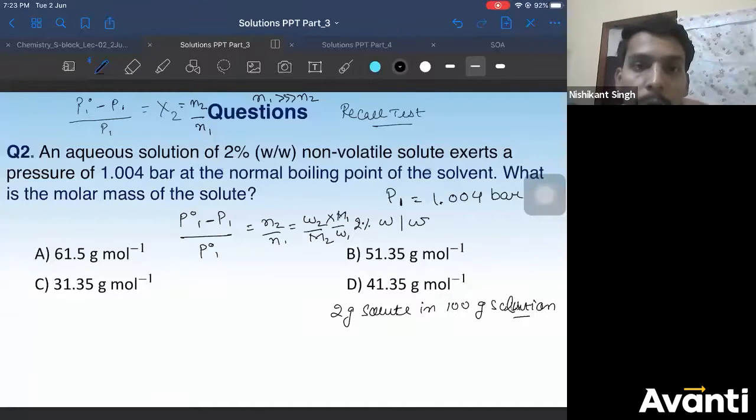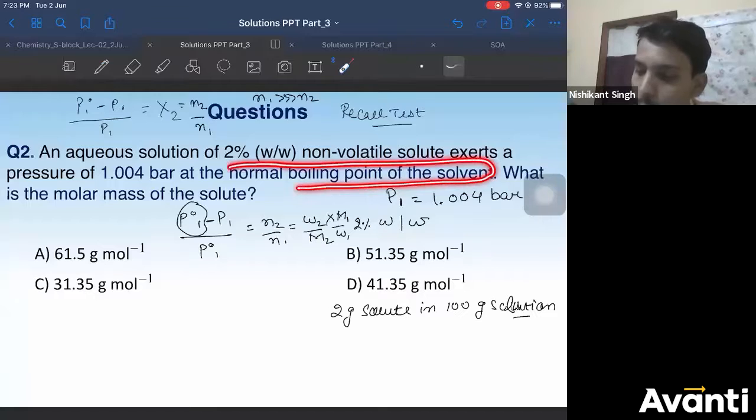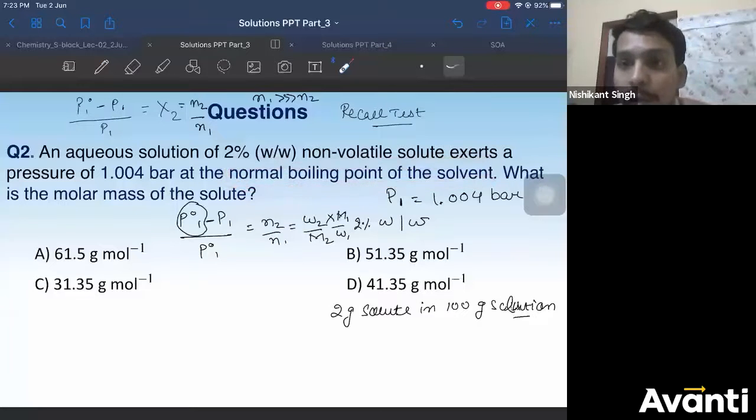Now, what we can see over here is, what is our P naught 1? This is the hidden information here. You see here, it is given that the vapor pressure is at the normal boiling point of the solvent. At the boiling point, we'll study today.